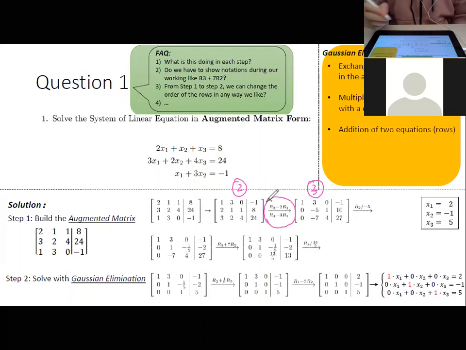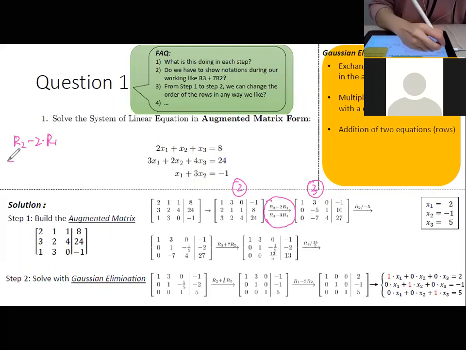Now we focus on the notation above the arrow first. It is R2 minus 2 times R1. That means we take the second row of matrix 2, which is 2, 1, 1, 8, minus 2 times the first row of the second matrix, which is 1, 3, 0, minus 1.